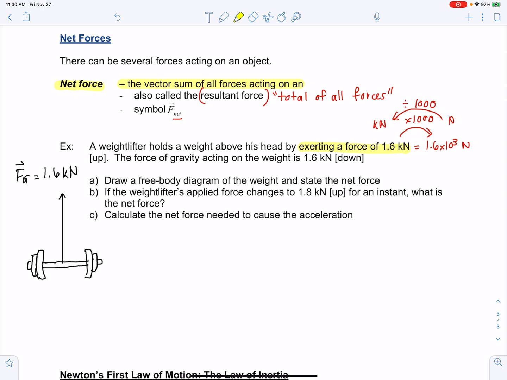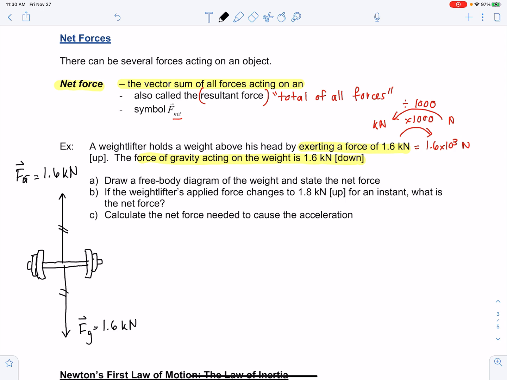We also know that the force of gravity is 1.6 kilonewtons down. So these two forces should be the same length because they're equal in size or magnitude.